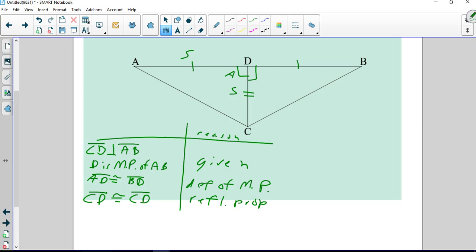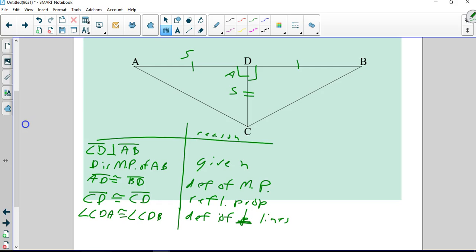Then we need to say that angle CDA is congruent to angle CDB. And that's the definition of perpendicular lines. They intersect at a 90-degree angle.